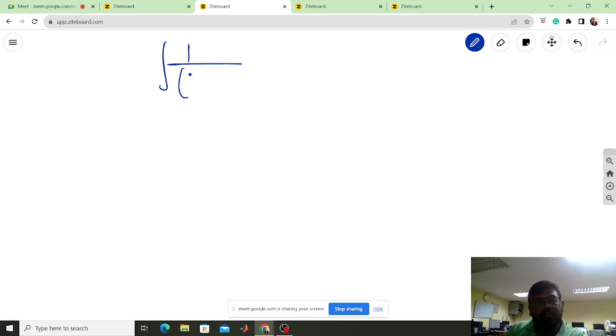One by (1 plus f square) whole square df.